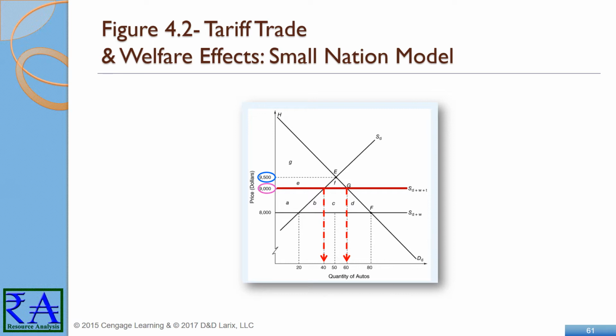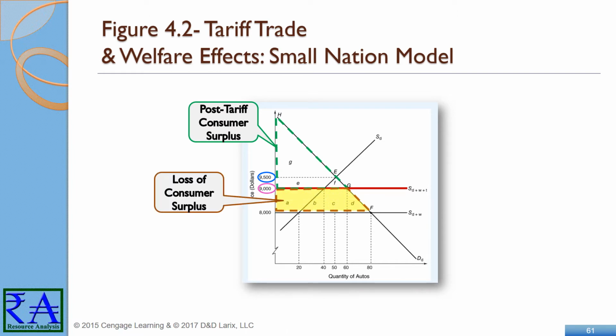Because of the small nation's status, the supply curve remains elastic, and the full tariff burden is transferred to the domestic consumer. Before the tariff was levied, the consumer surplus was the area above the horizontal supply line and below the demand curve. With the tariff, consumer surplus falls by the area lost between the elastic supply line and below demand.